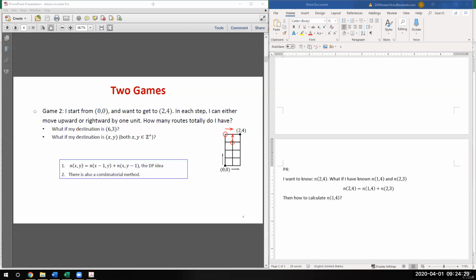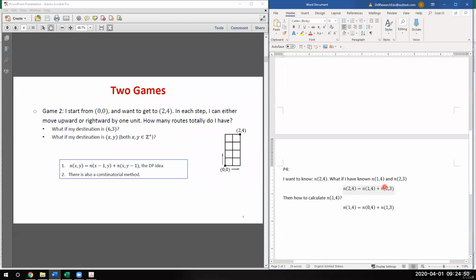So similarly, I have N(1,4) equal to N(0,4) plus N(1,3), right?